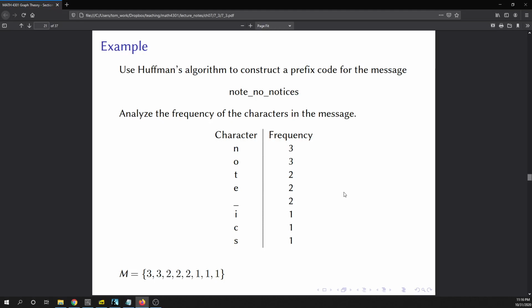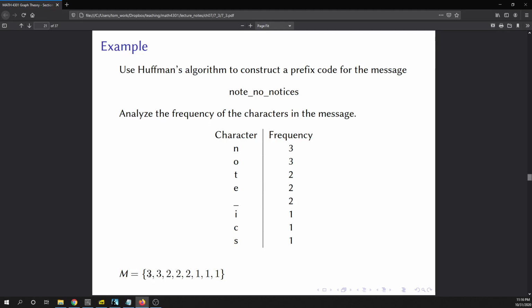We would analyze the frequencies of the characters in the message. We can see here the N occurs 3 times, the O occurs 3 times, the T occurs twice, the E occurs twice, the space occurs twice, the I occurs once, C occurs once, and S occurs once here.